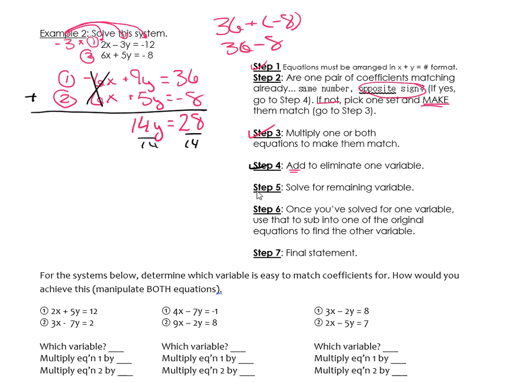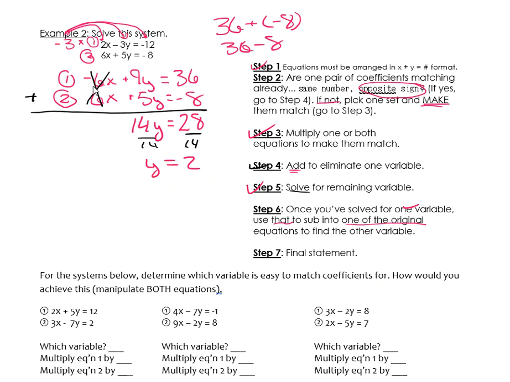So I did step 4, now I'm on step 5. I'm solving for the remaining variable, and I get y equals 2. That's step 5 done. Step 6: once you've solved for one variable, we did that, use that to sub into one of the original equations. So I can pick equation 1 or equation 2 from the original equations.